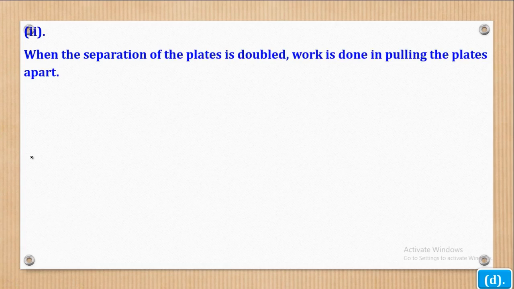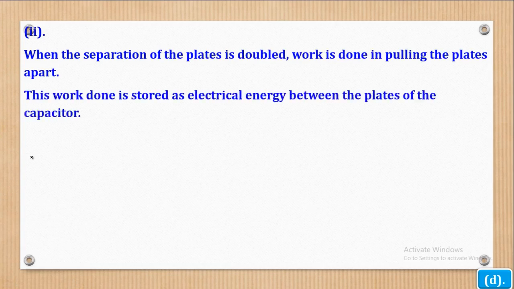So when the separation of the plates is doubled, work is done in pulling the plates apart. Therefore, this work done is stored as electrical energy between the plates of the capacitor. So they wanted us to account for that, so that is what they wanted.